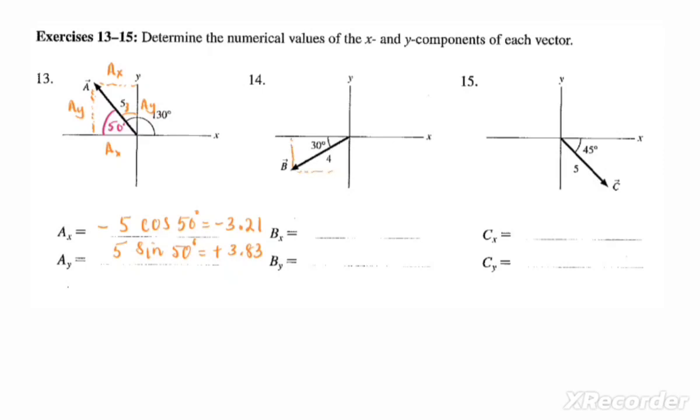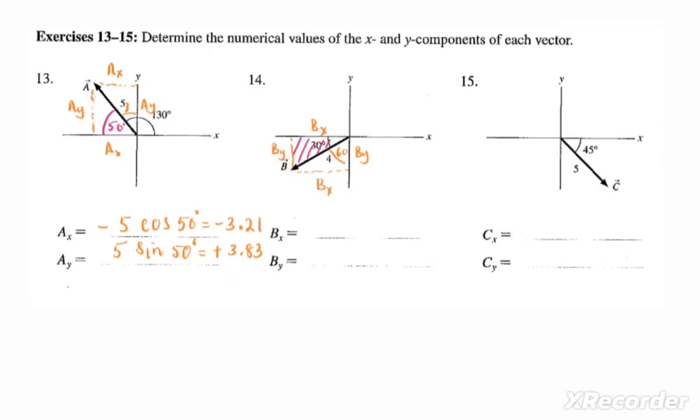So just do this. So this is our BY, and this is our BX. So this angle is 60 because it has to add up to 90 degrees. So let's just use this triangle here. You can also use the other triangle with the 60 degrees.